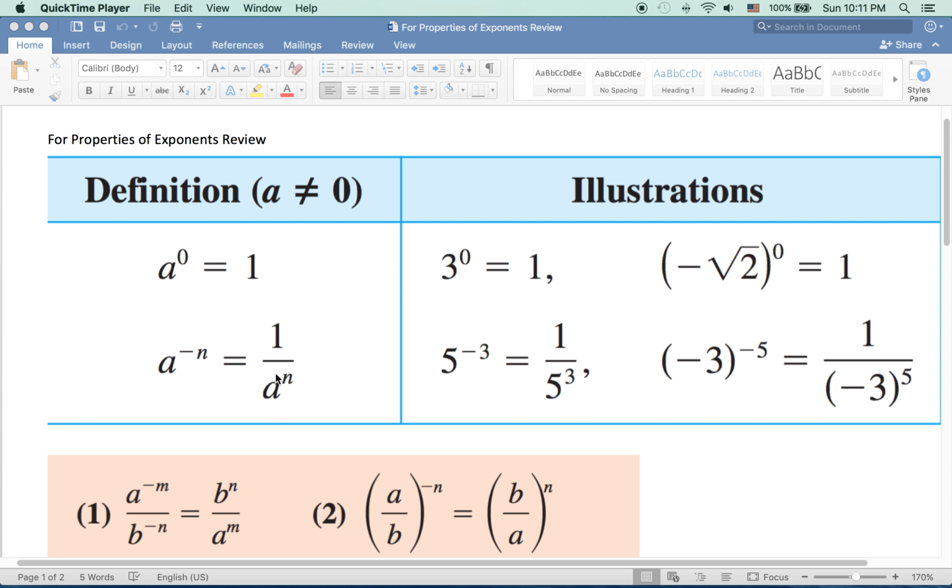So you see the sign changed here, but we moved it to the denominator of a fraction over 1. So it really means take the reciprocal. So 5 to the negative third power is 1 divided by 5 to the third power, which would be 1 divided by 125, which is a small number.